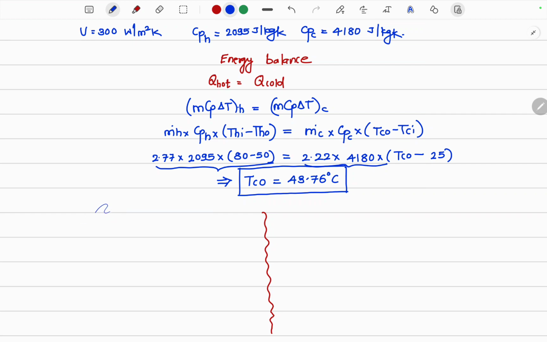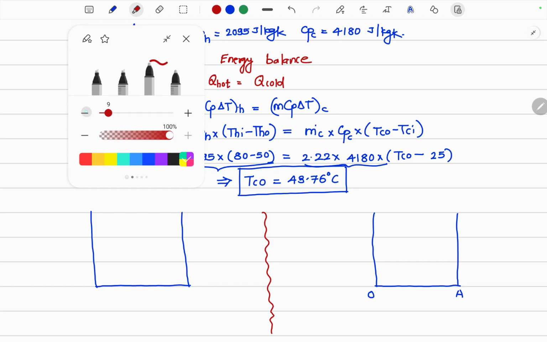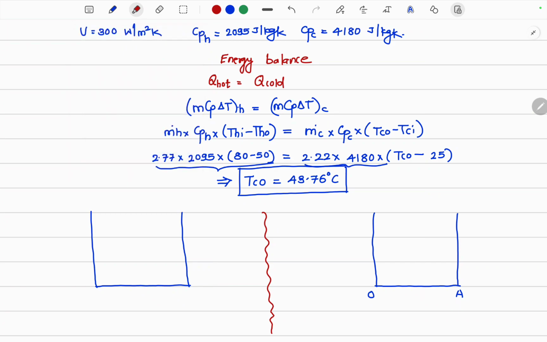You can go and watch it. For parallel flow, I will make a simple drawing immediately, as well as for counter flow. I have already explained how to prepare this drawing, so I will not consume time explaining that once again. This is the hot fluid on both sides.